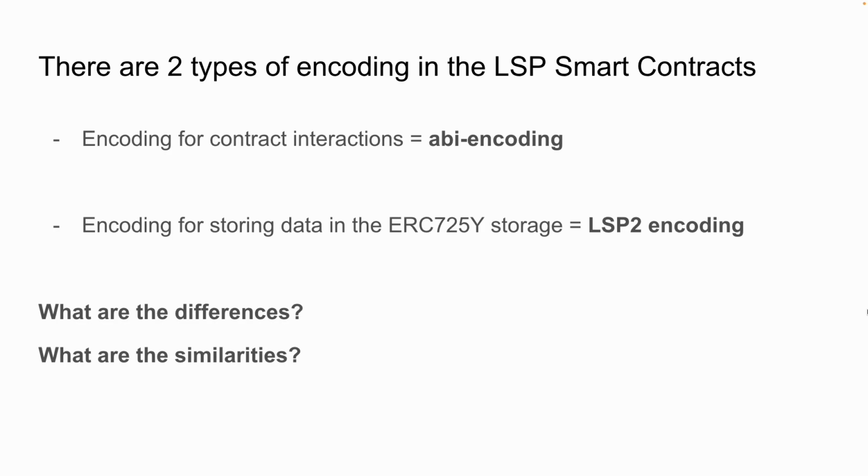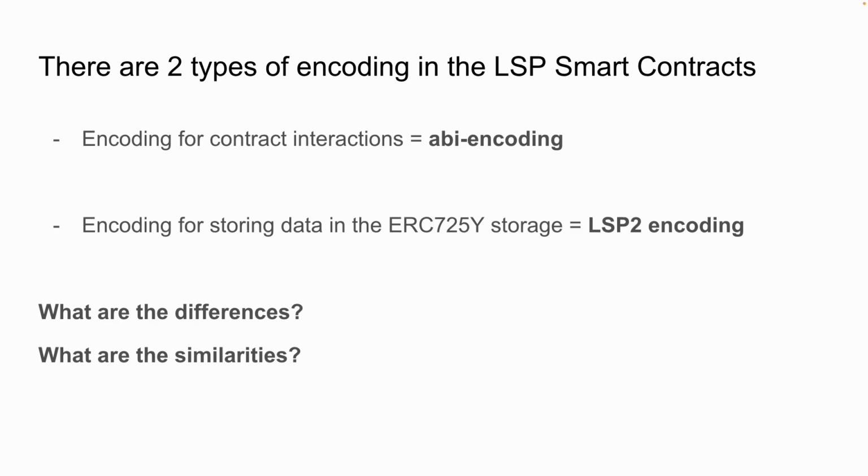Because these contracts use ERC725Y under the hood as their storage layout, they have a specific way to encode data under them. And LSP2 defines how this data can be stored, encoded, decoded, and interpreted.